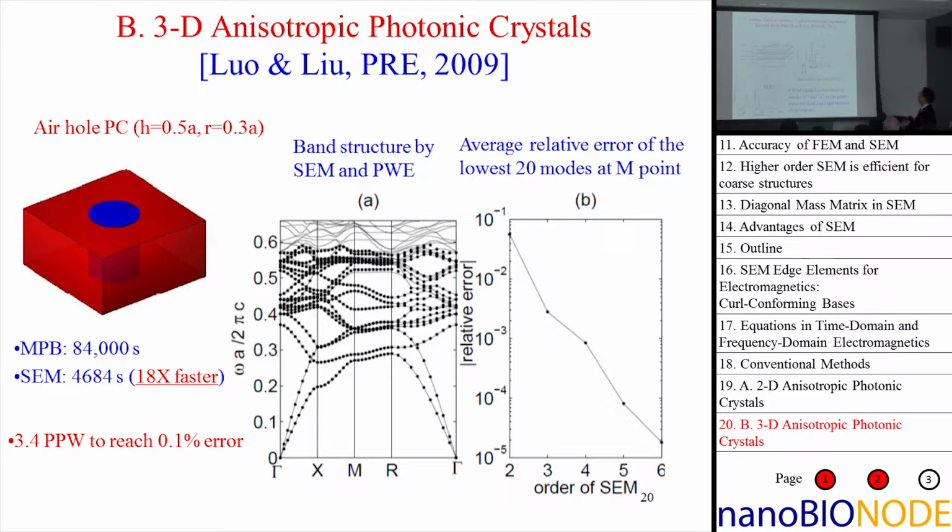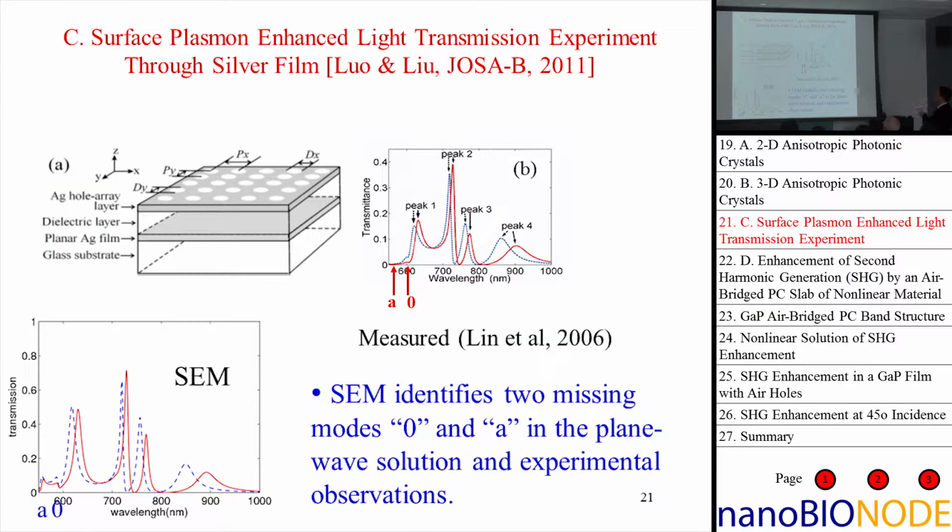We have also done this for two-dimensional periodic structures. For example, in a thin film, we drill a lot of periodic air holes in this metallic thin film, and we can see the so-called extraordinary transmission of optical waves through the thin film because of the surface plasmon effect.